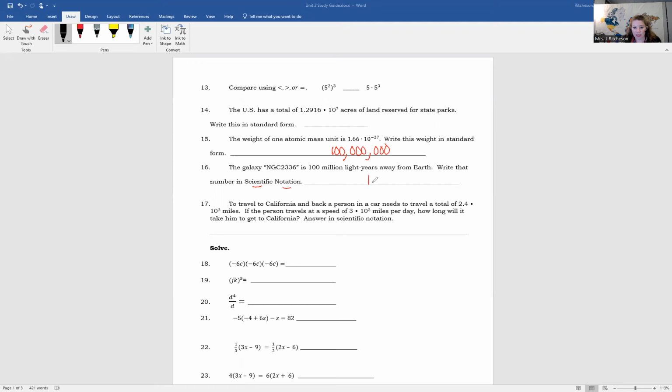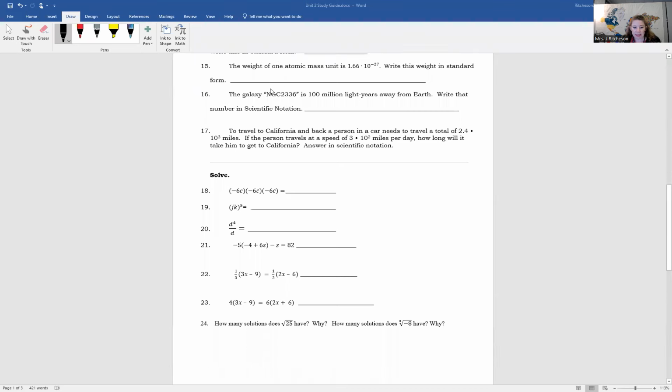We can have a 1 non-zero digit number in the front. So you could either write 1 times 10 or just 1.0. It doesn't matter. So if our decimal is going from here up to here, we're going to count that up: 1, 2, 3, 4, 5, 6, 7, 8. That exponent is an 8. 1 times 10 to the 8th is 100 million.